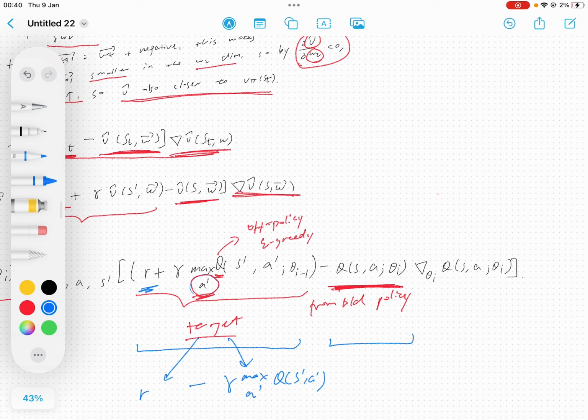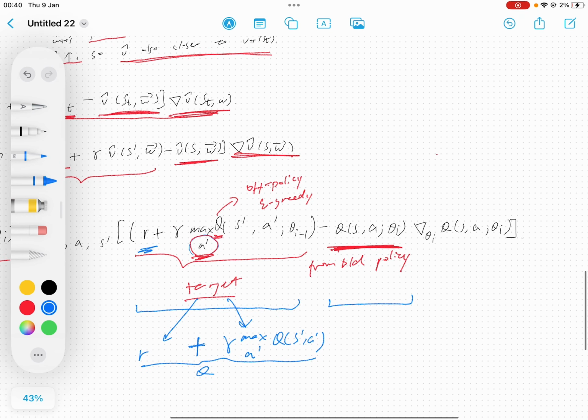But after we sum those together, this becomes the Q, essentially the Q when we are facing the current state and action, right? So that would be essentially equivalent to the one we get after using this old policy that we have, right?